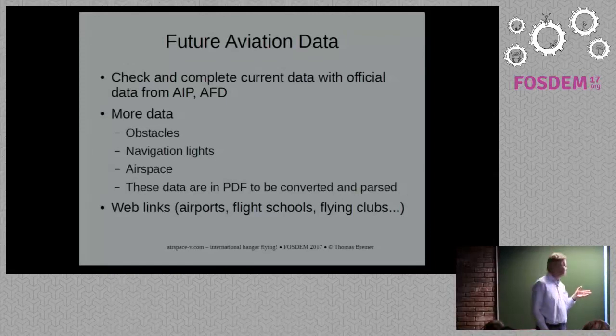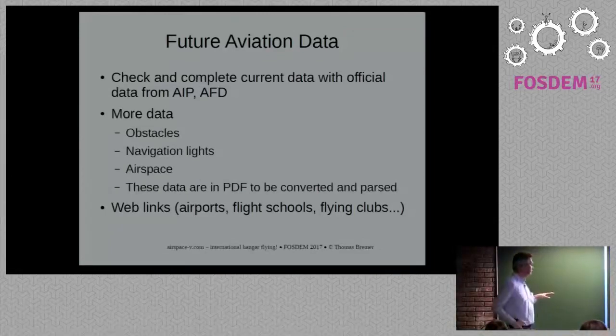Airspace, something like prohibited areas or control zones, also has to be introduced and shown on this website. All this data is published by the officials in PDF format, and it has to be converted and then parsed to get into this website.